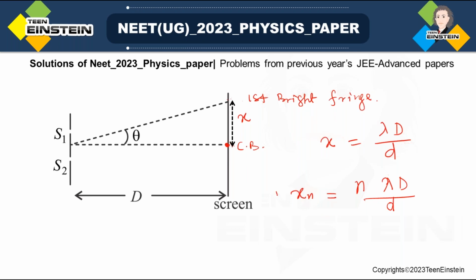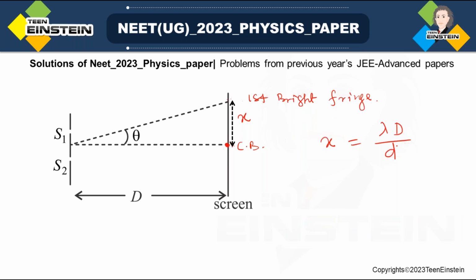This is for a bright fringe, and for another bright fringe, x(n+1) will be (n+1) lambda D by d. If you take the difference, it will give the fringe width. Anyway, this is the thing you need to remember.